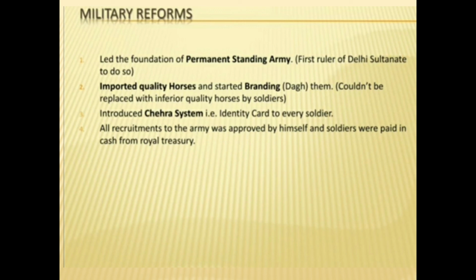Now, after ruling for several years, Alauddin died of an illness. That was in 1316 CE. His tomb lies behind the Qutub complex in Delhi. His confidant and commander Malik Kafur and his successors were unable to rule this large empire effectively.